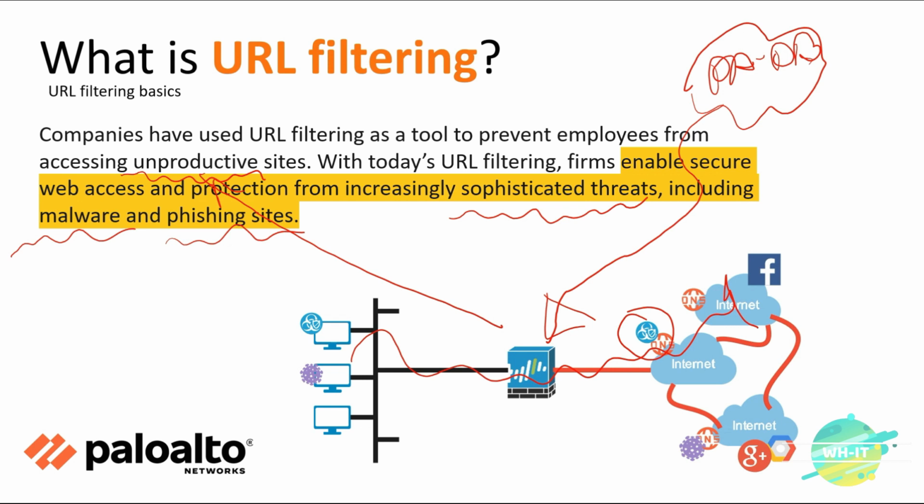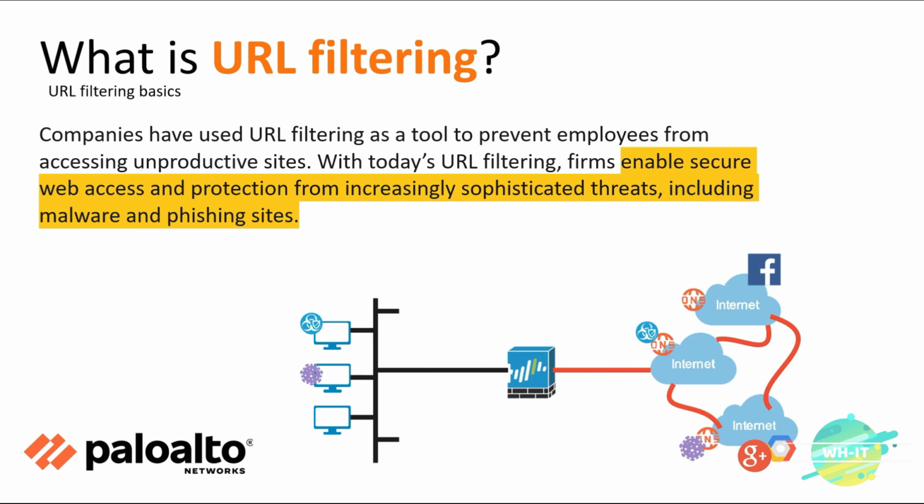So that is the good advantage of using Palo Alto advanced URL filtering. Their definition is basically that you can stop any user visiting unproductive websites just like a web proxy, but at the same time you can stop any kind of threats, any kind of malware or phishing site, right?